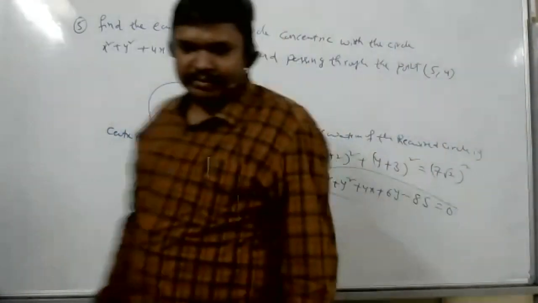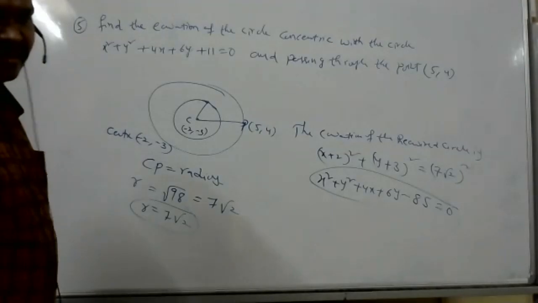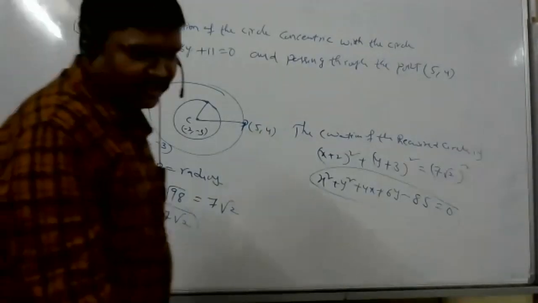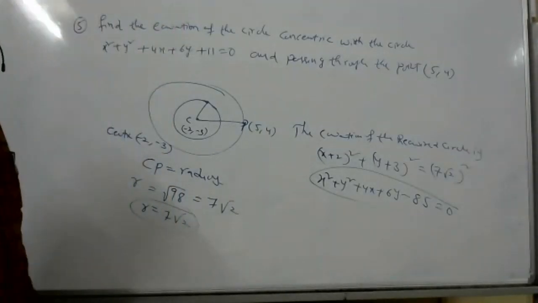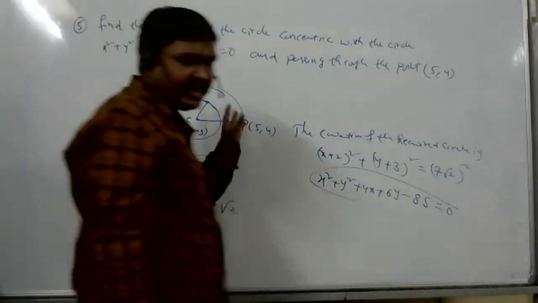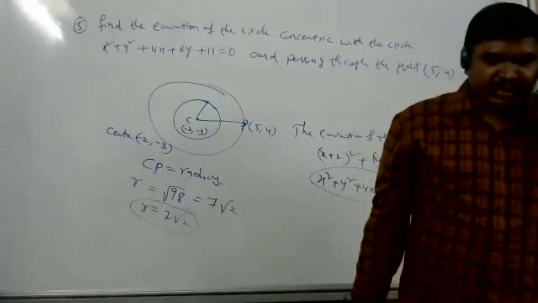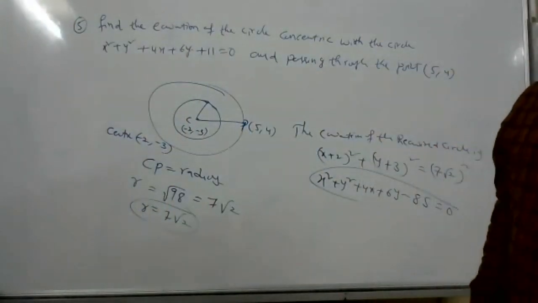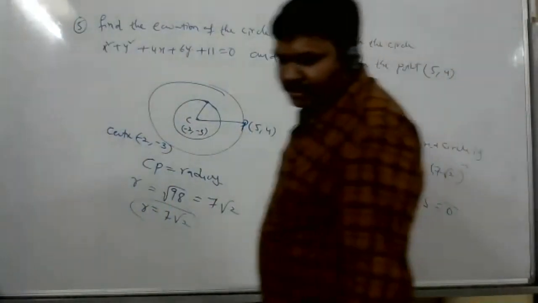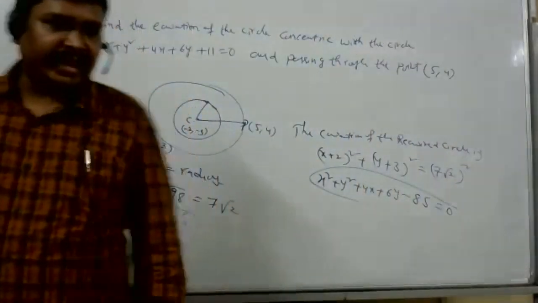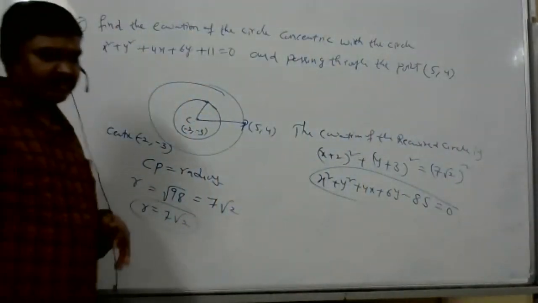Then find k. Yes, sir, we can find k also. That is also a method. Passing through the point 5 comma 4, substituting, then k is equal to minus 85.